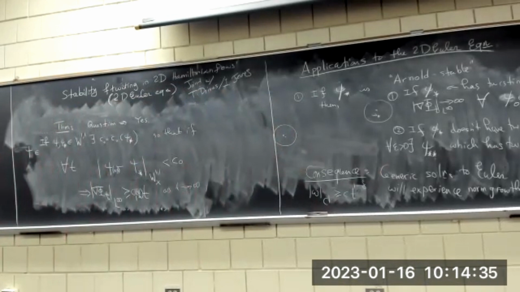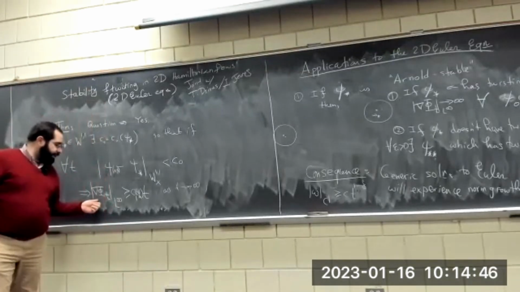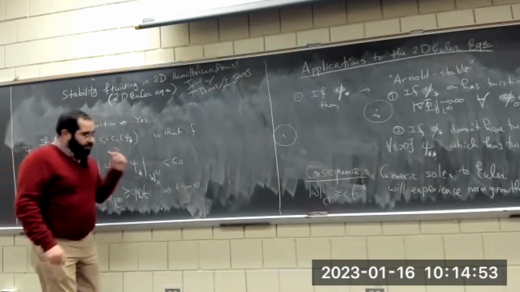You're saying there's something you're missing because of the minus. So you know that the gradient of the flow map goes to infinity, but you have to know something about the specific gradient.